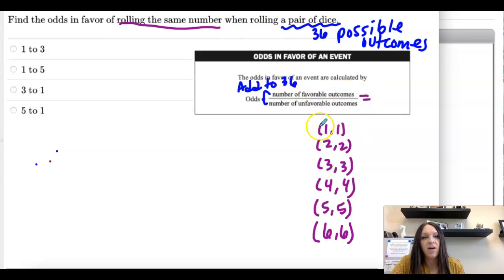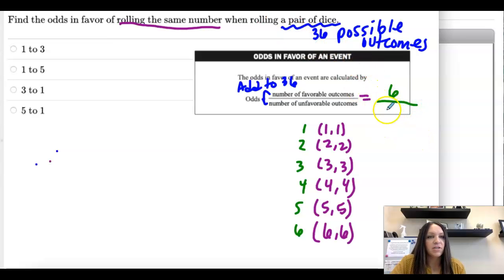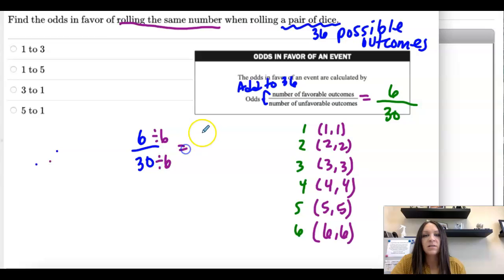There's 1, 2, 3, 4, 5, 6. There's 6 favorable outcomes. That means there's 30 unfavorable because these have to add to 36. So 6 over 30 can be reduced. These both divide by 6, so 1 over 5.